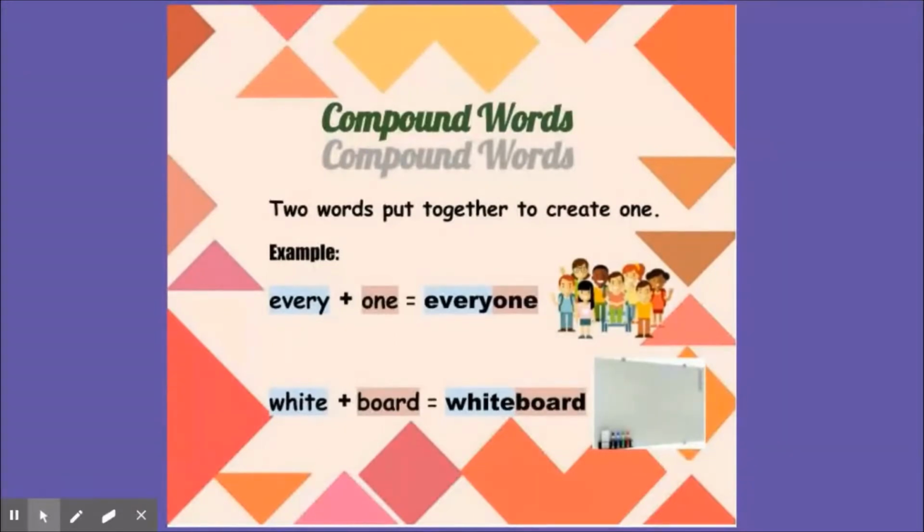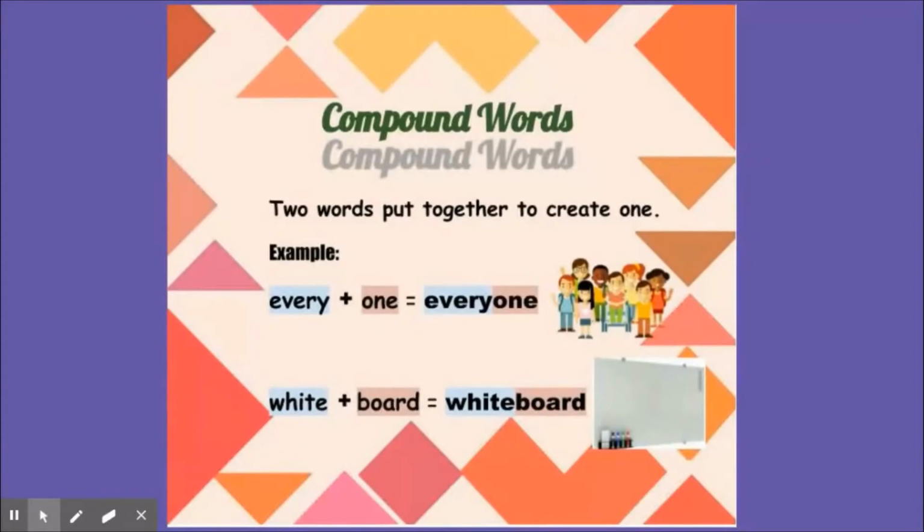So I can say everyone is in the class today. How about the second one? Yes, we have the word white and the word board, and then we put them together to create a brand new word that is whiteboard, right?